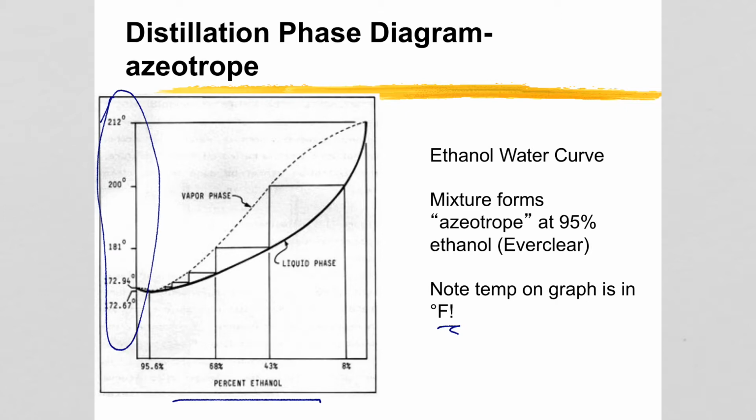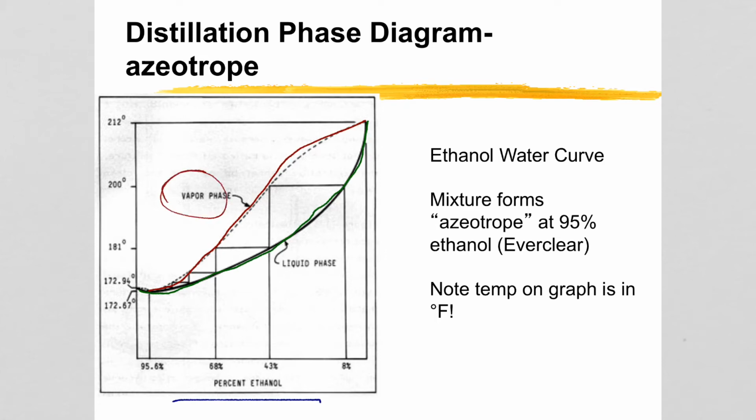But remember, we're doing everything in Celsius. As you look at this, there is a solid line that I'm outlining in green, and that is the liquid phase, and then there is a dotted line that I am outlining in red, and that refers to the vapor phase. Everything above this is in the vapor phase, and everything below this line is in the liquid phase.